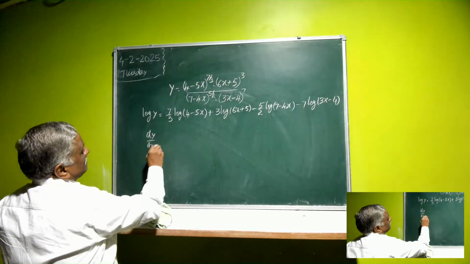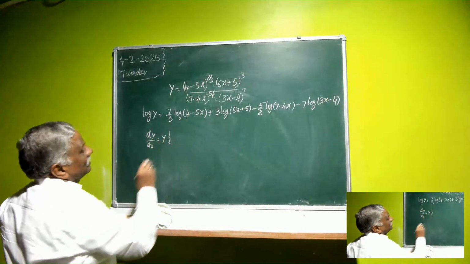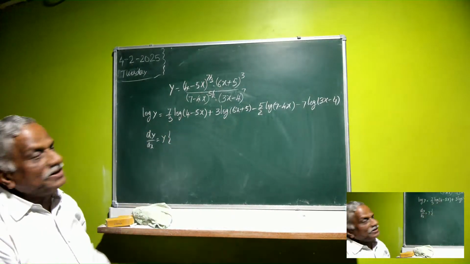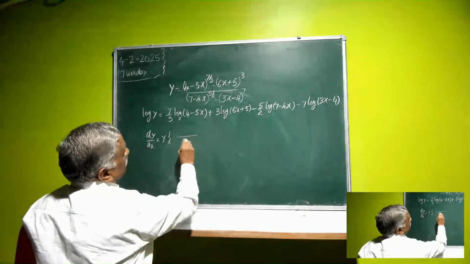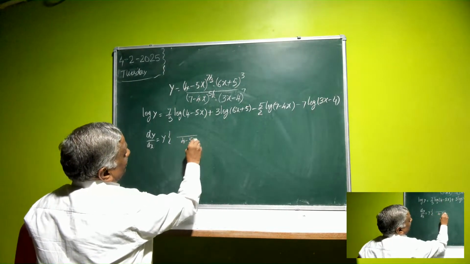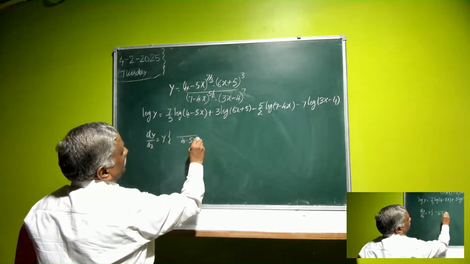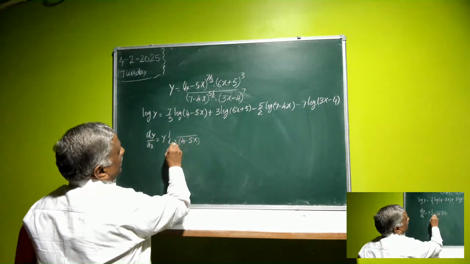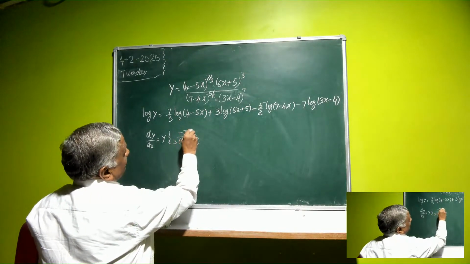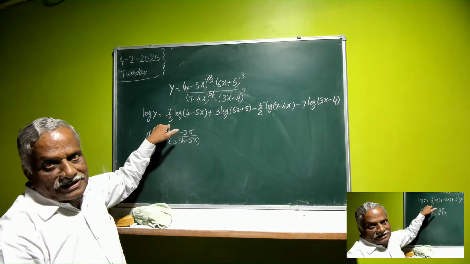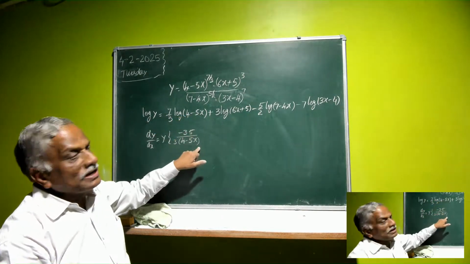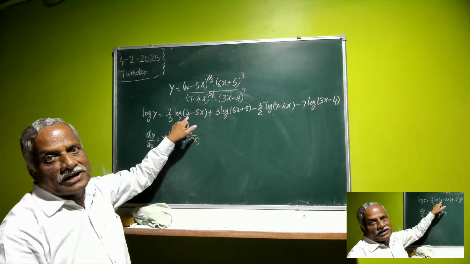dy by dx is equal to, directly you shift y. You know 1 by y is getting shifted. And this is y into 7 by 3 into minus 5, which is minus 35 over 3 into (4 minus 5x). I am writing it directly. 7 by 3 is a constant. Log is 1 over 4 minus 5x. The derivative of 4 is 0.